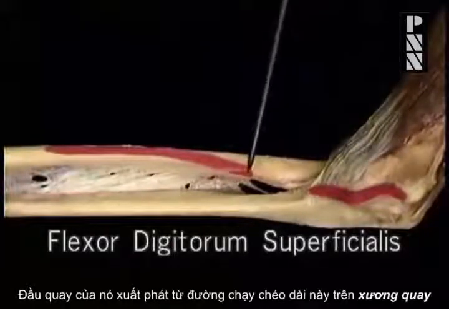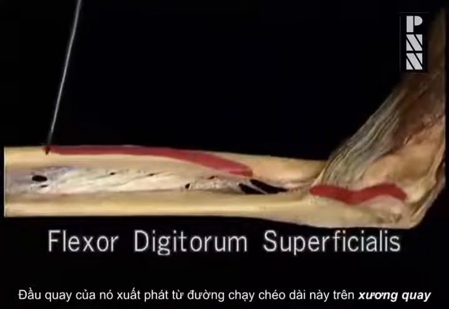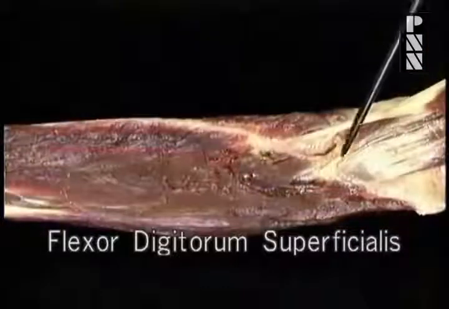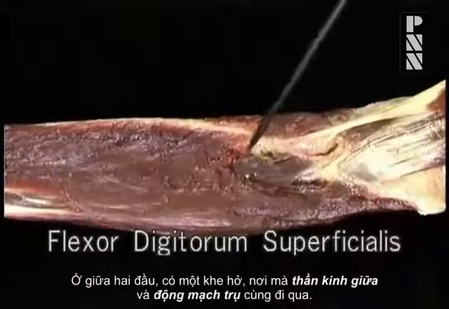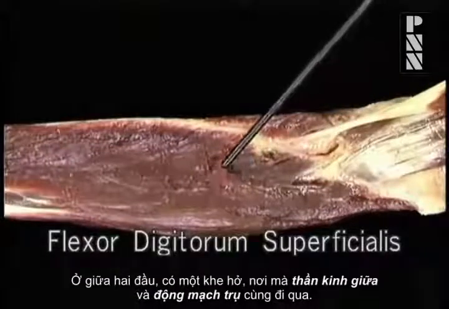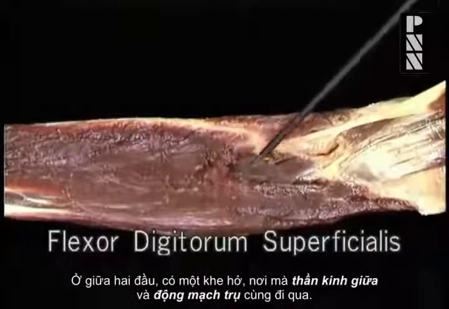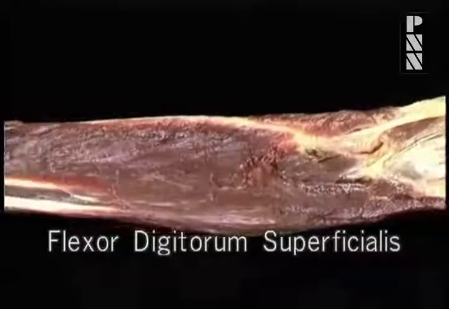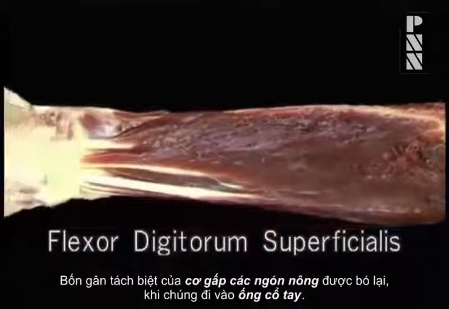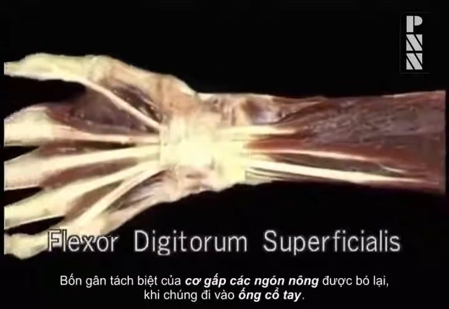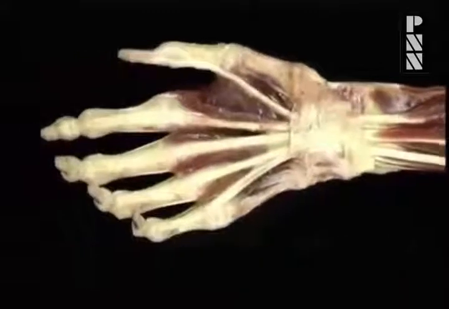Its radial head arises from this long oblique line on the radius. Between the two heads, there's a gap which the median nerve and the ulnar artery both pass through. The four separate tendons of flexor digitorum superficialis are bundled together as they enter the carpal tunnel.